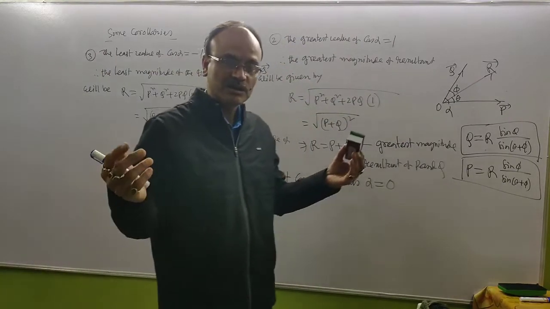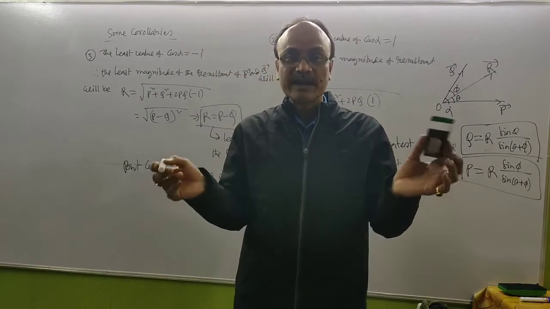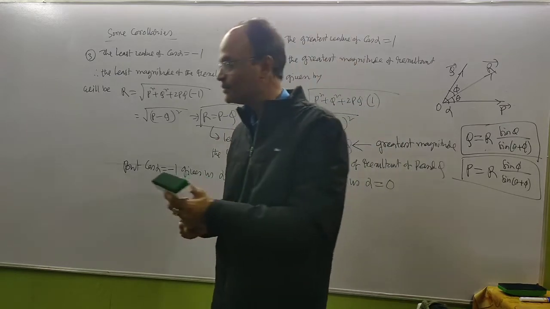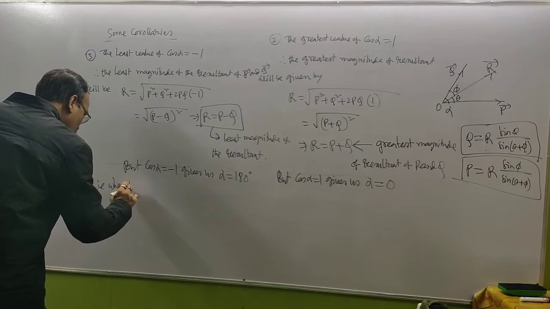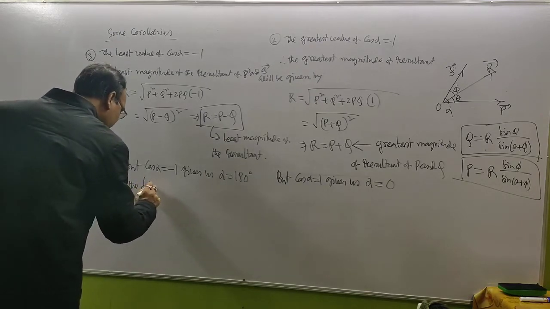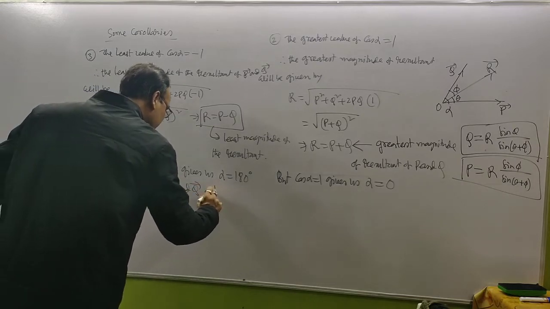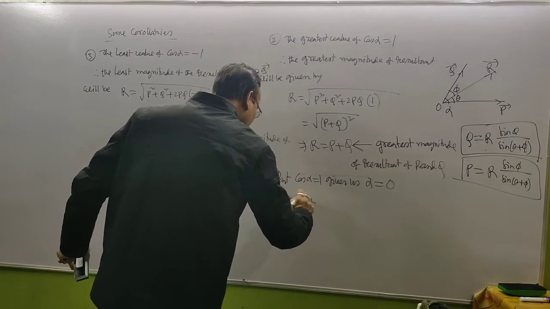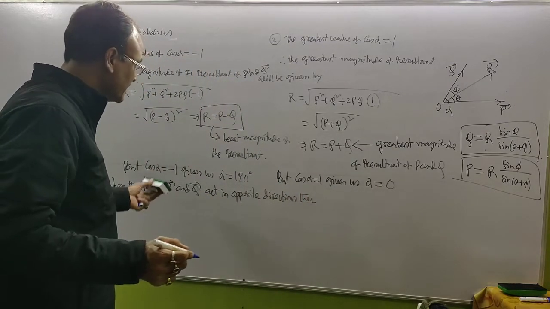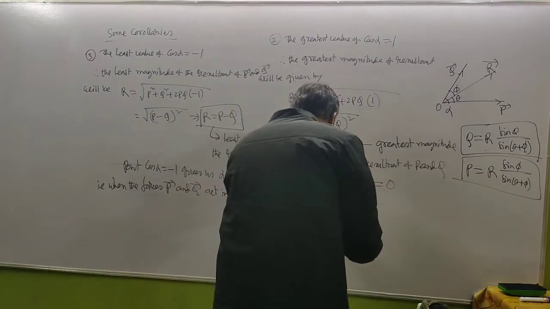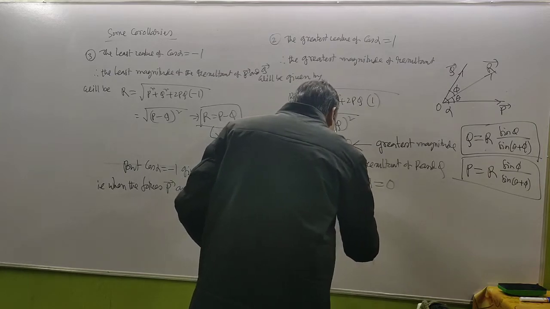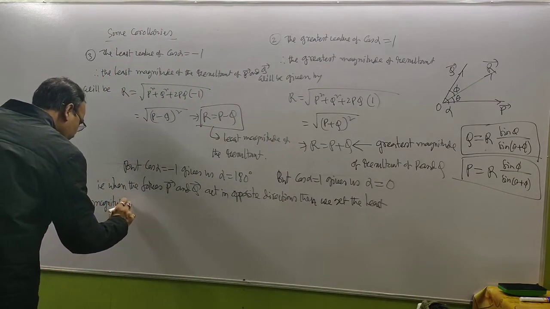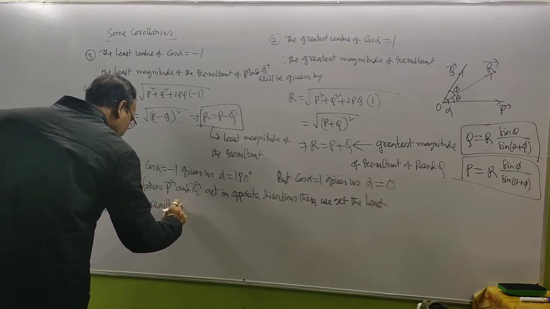That is, when the lines of action of the forces P and Q are in opposite directions, then we get the least magnitude of resultant of P and Q.